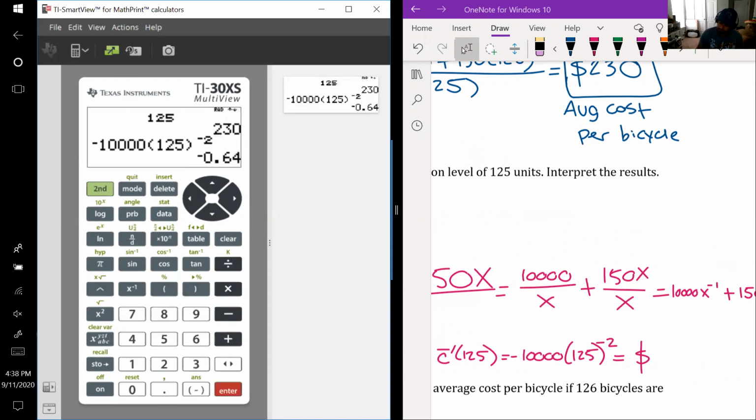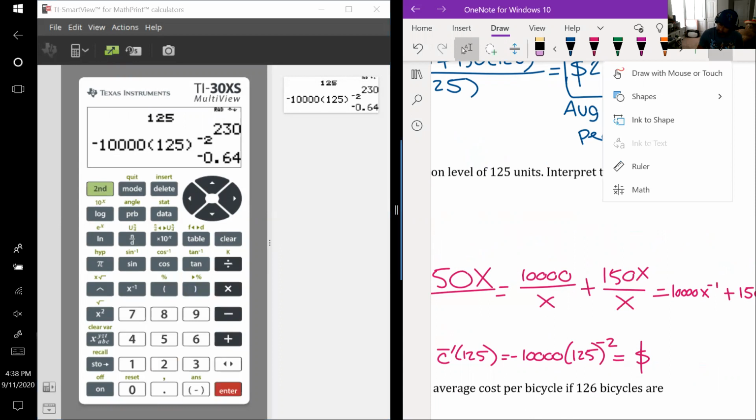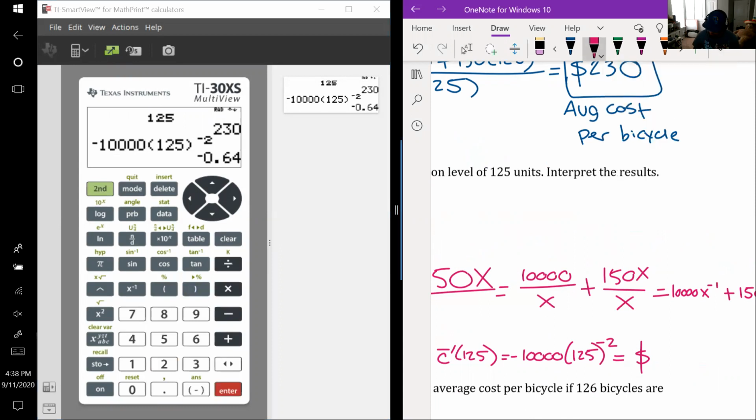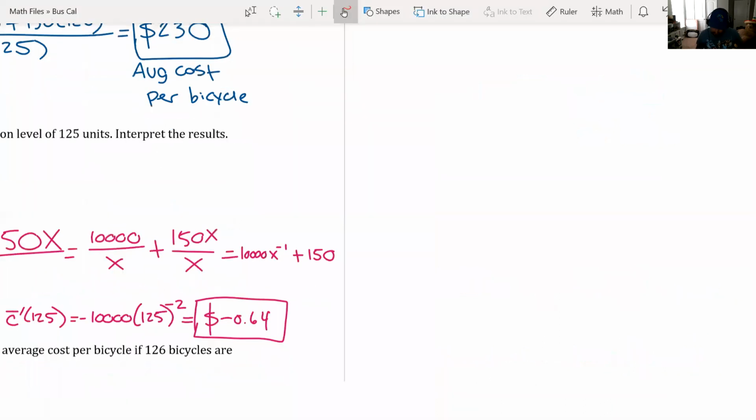And we get negative 0.64. So we get negative 64 cents. Okay.